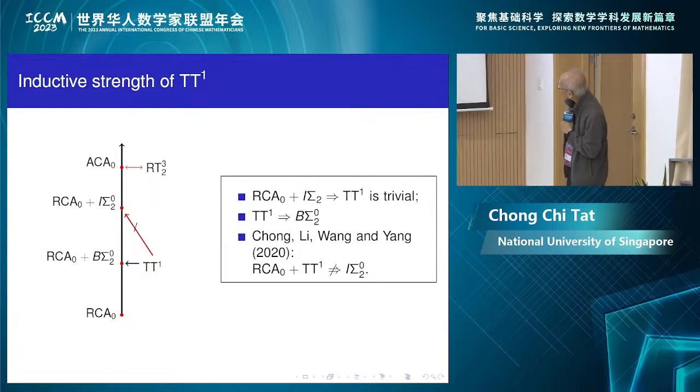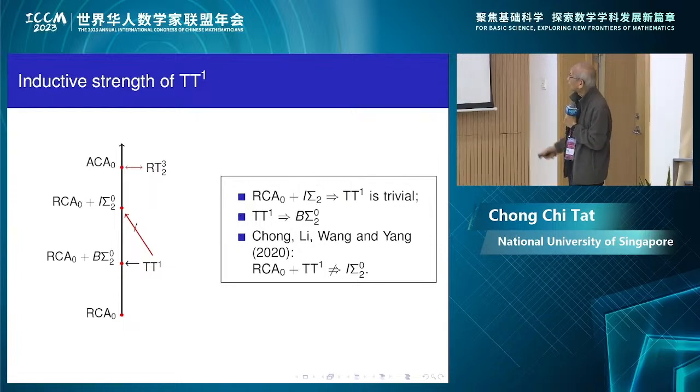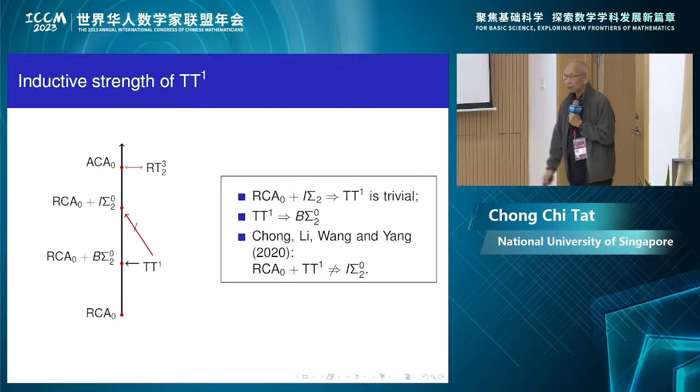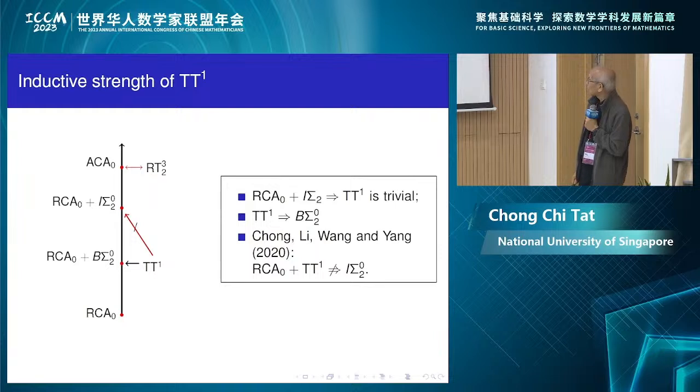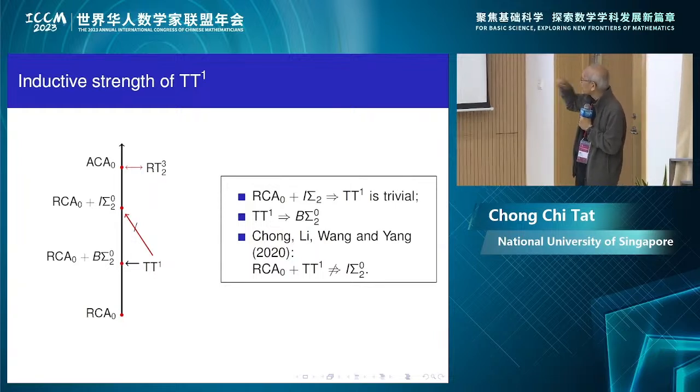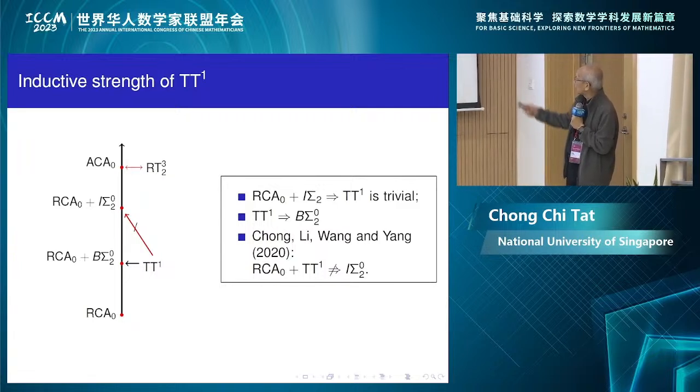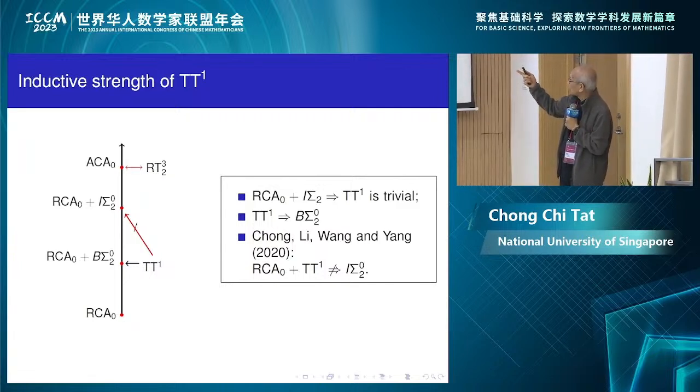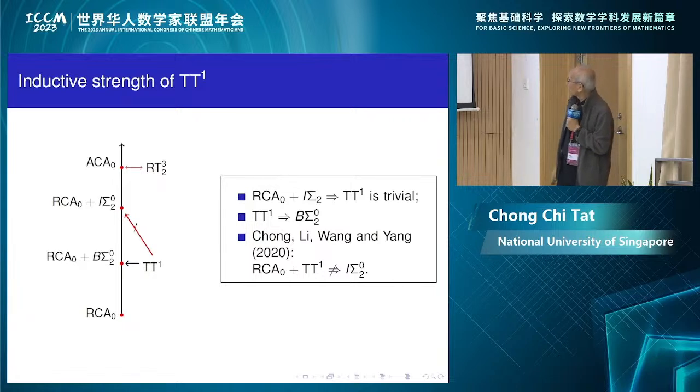And to pinpoint the inductive strength of the tree theorem, this was done in 2020 by several colleagues, Li Wei at NUS, Wang Wei at Zhongshan University, Yang Yue at NUS, and myself.